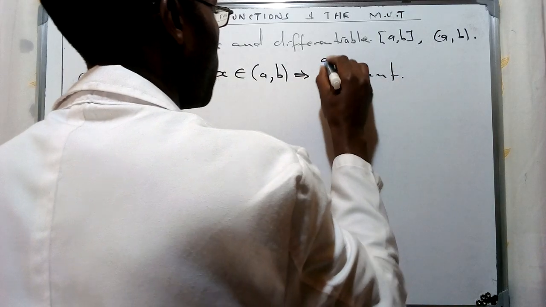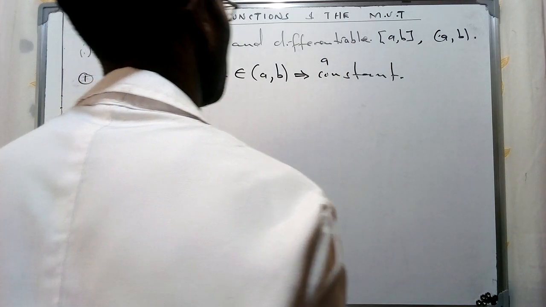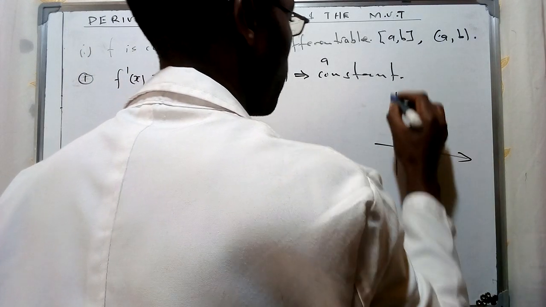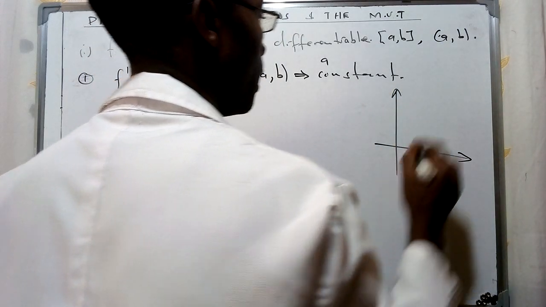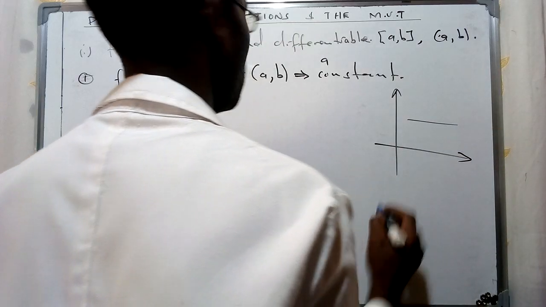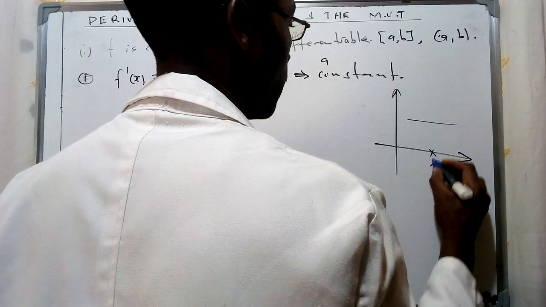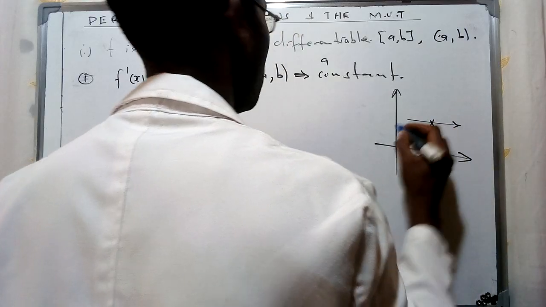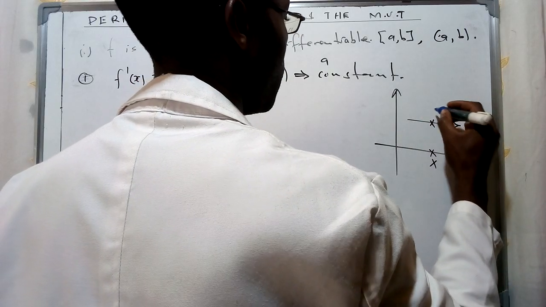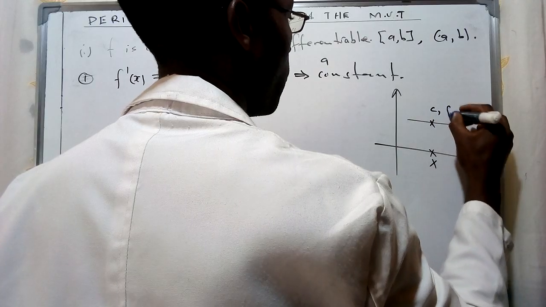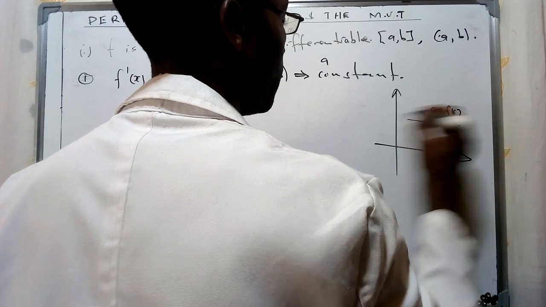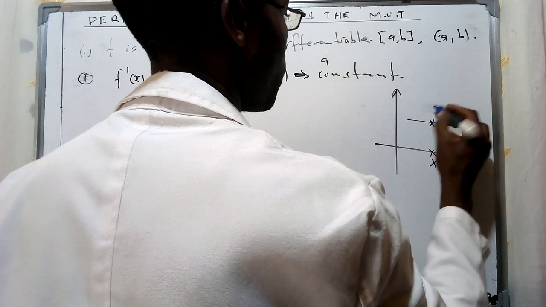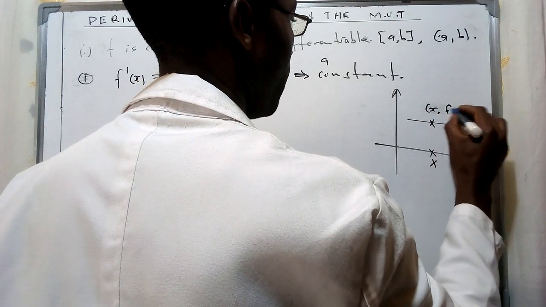So this is going to give us a constant. In our previous video, I said that for us to have a derivative of a function which is constant, then if we have a point which we can describe in terms of x, we're going to have another point, which is point c, whereby the derivative of this is going to be given in terms of x and f(x).